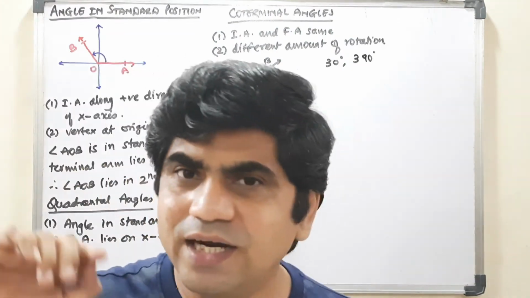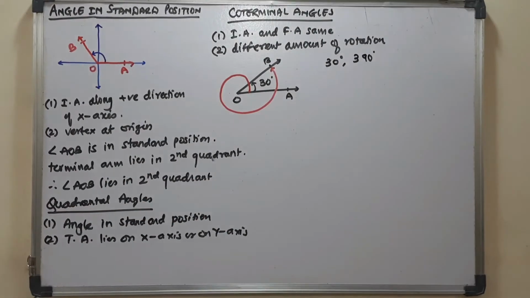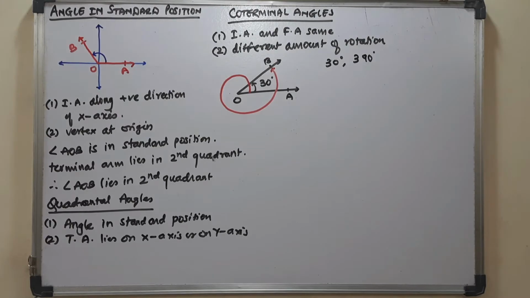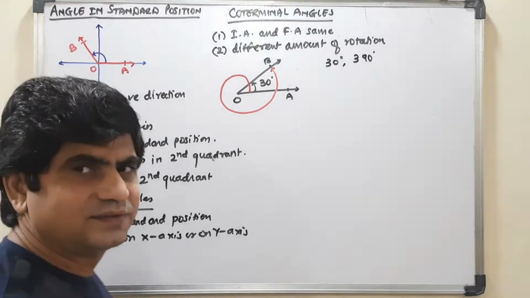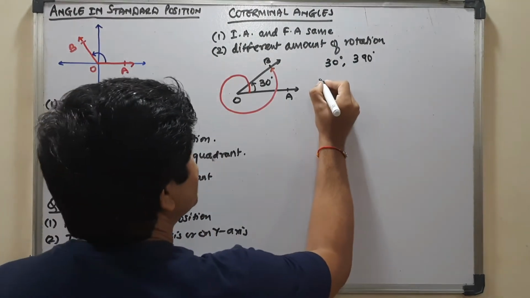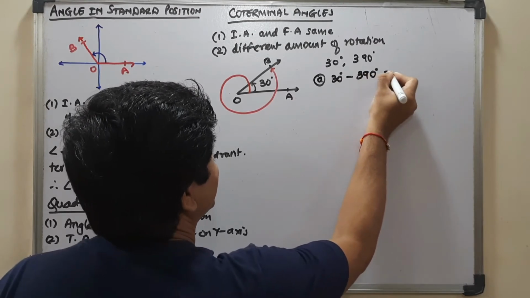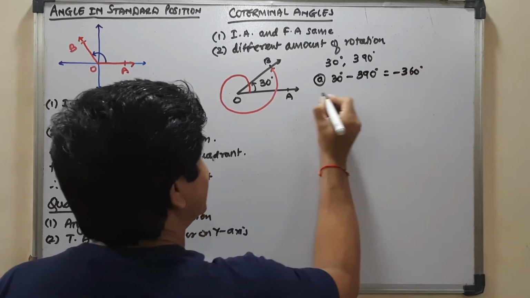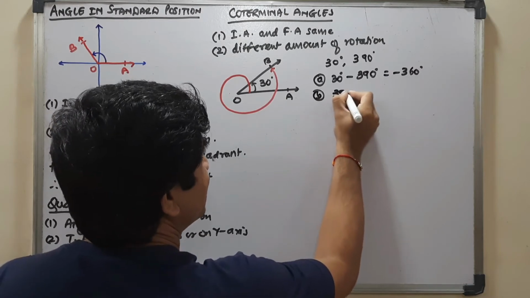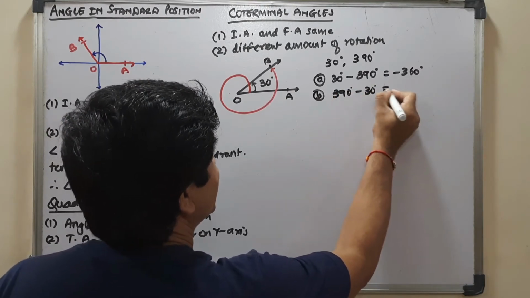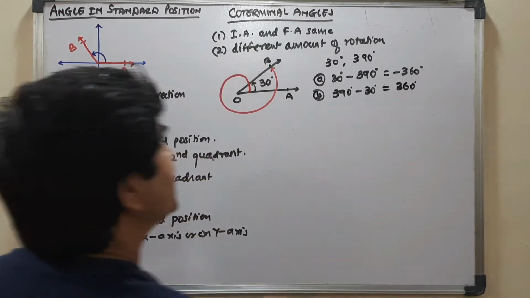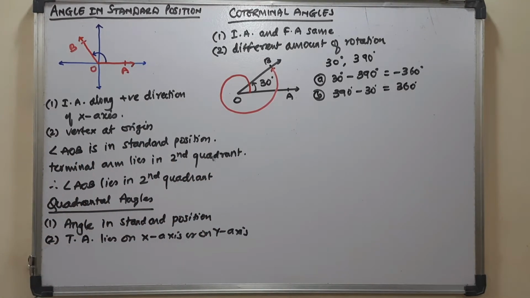Now if you see the game over here, if you subtract them, that is 30 minus 390, one way of subtracting 30 degrees minus 390 degrees is minus 360 degrees. The other way, subtracting 390 minus 30, you will get 360.